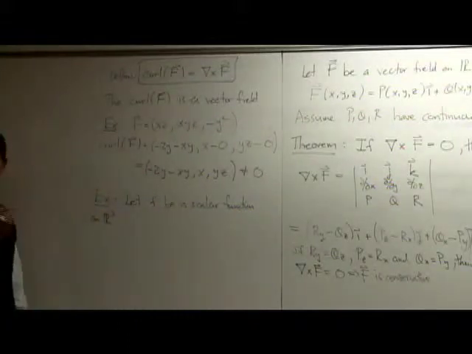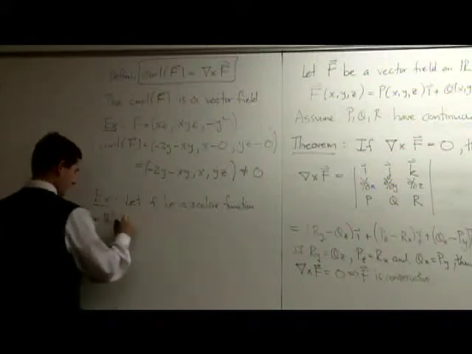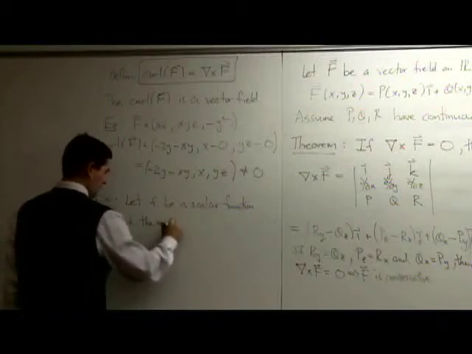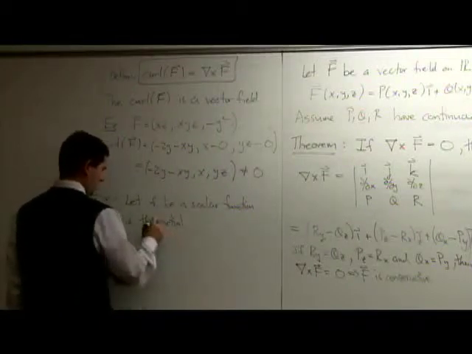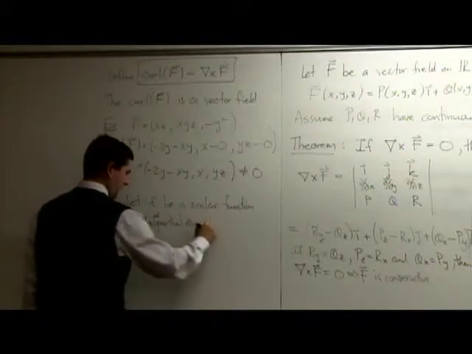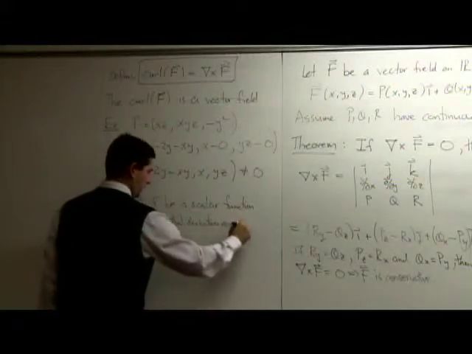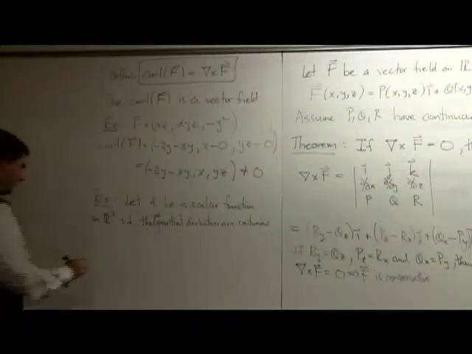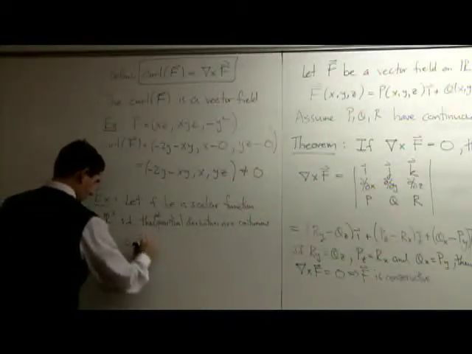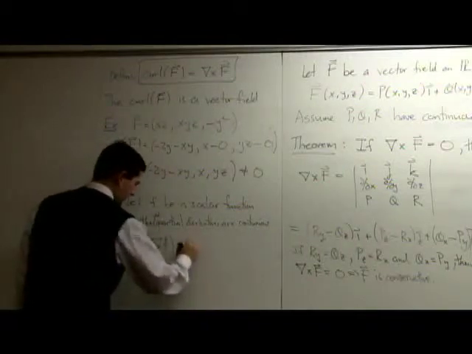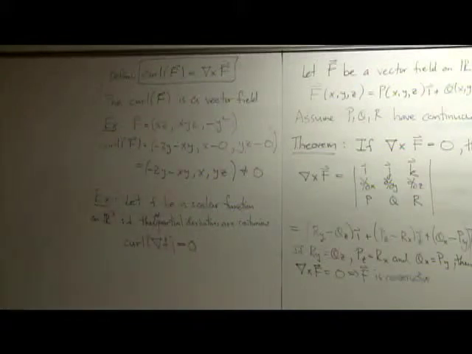So each point in R3 spits out a number, such that the second partial derivatives are continuous. Then the curl of the gradient of f is 0. Okay, so this is a homework problem.